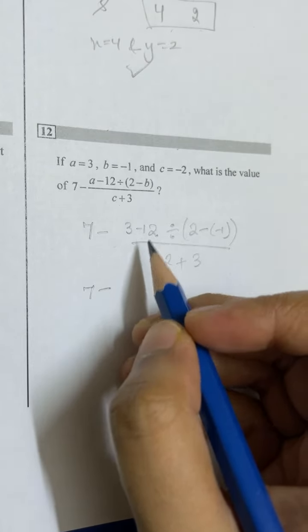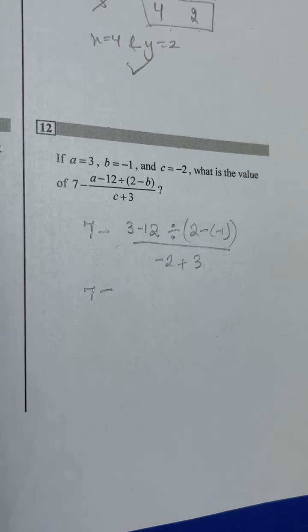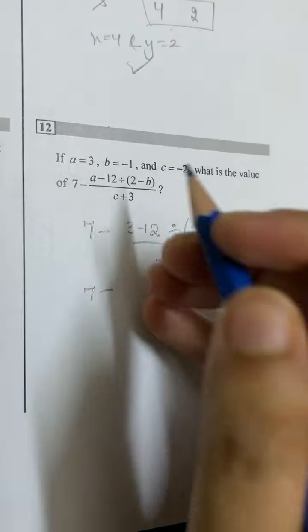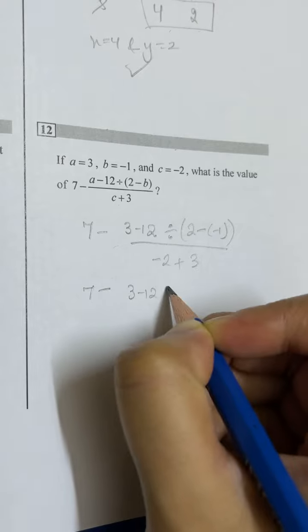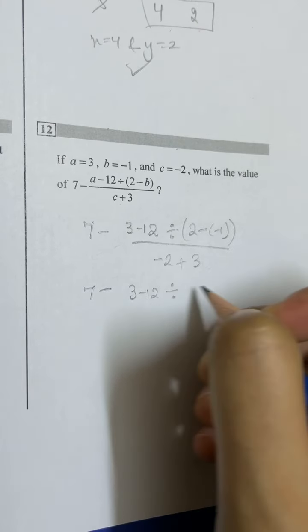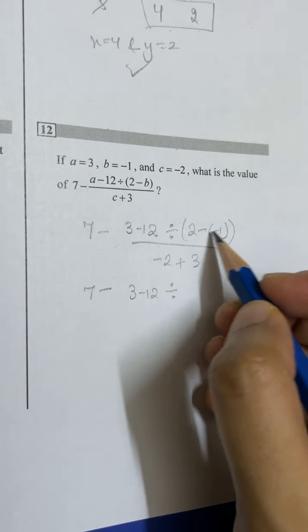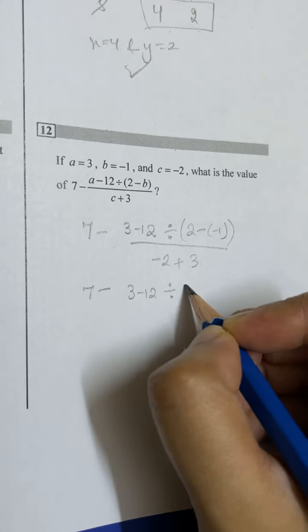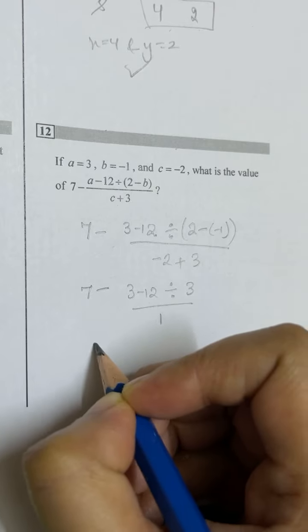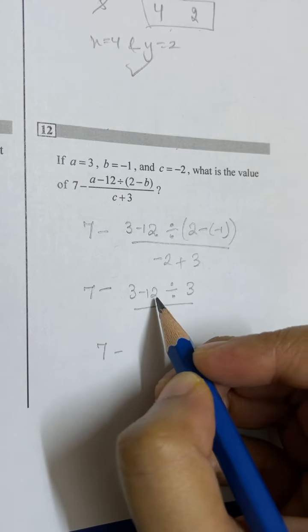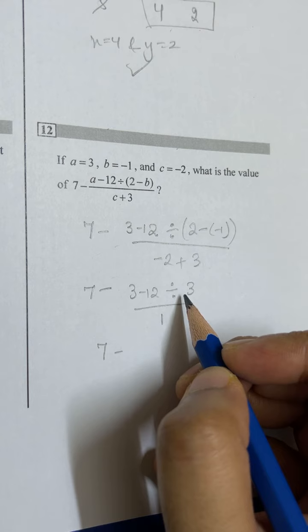7 minus 3 minus 12. So I'm going to write that down. 3 minus 12 divided by, you have 12 plus, 2 plus 1, that's 3, over 3 minus 2 is 1. So again, now I'm going to divide that first. 12 divided by 3 is 4.